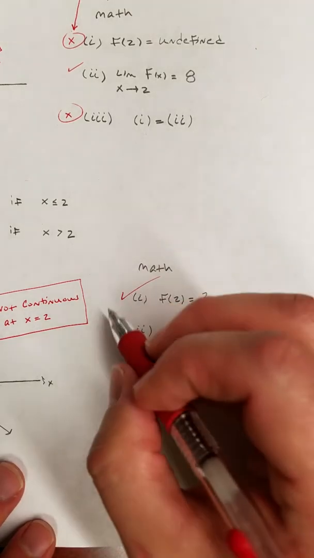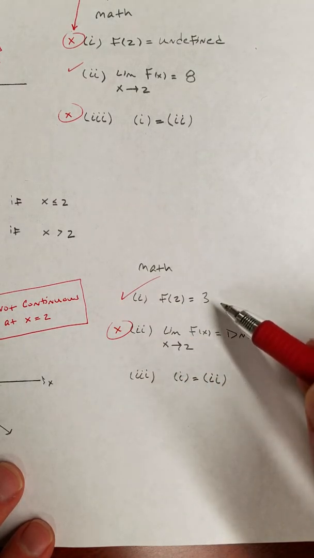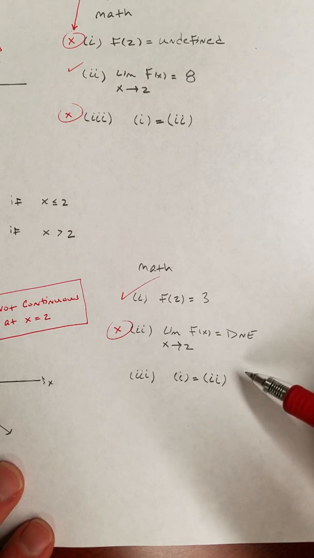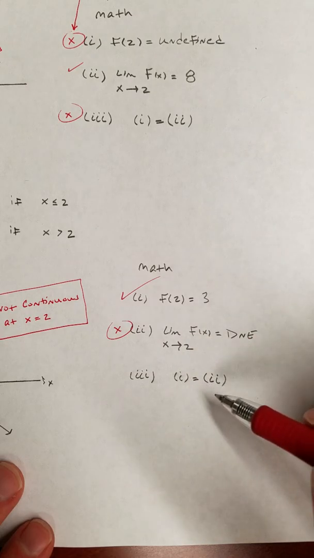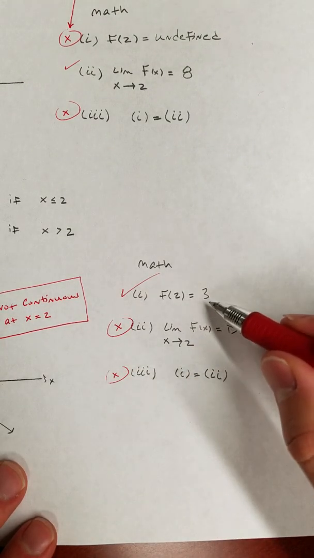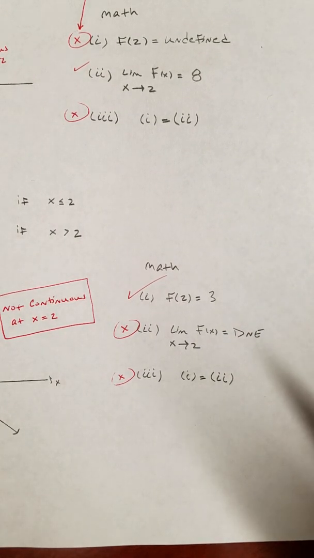Well, it failed that part of the test. To pass each part of the test, this is supposed to have an answer, that's supposed to have an answer, and then they're supposed to be equal. Well, it's failed that part. It's going to fail this part because is 3 equal to does not exist? Obviously 3 is not equal to does not exist.